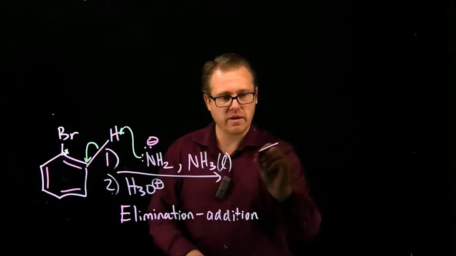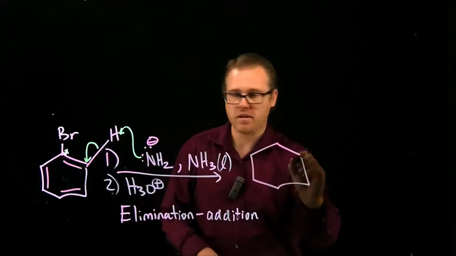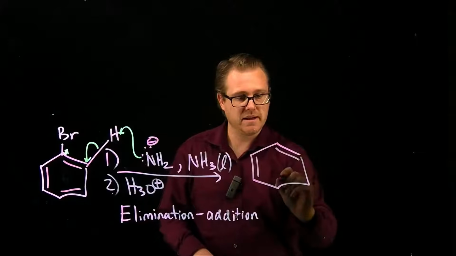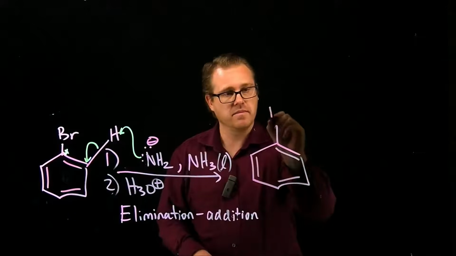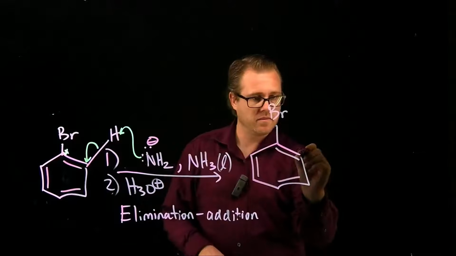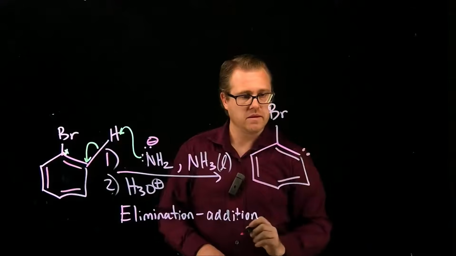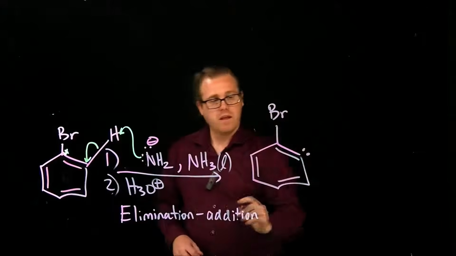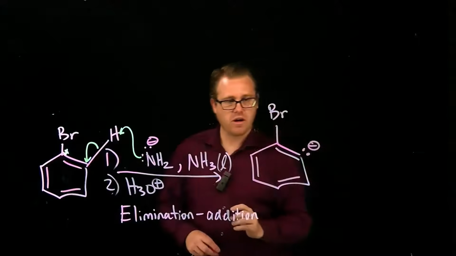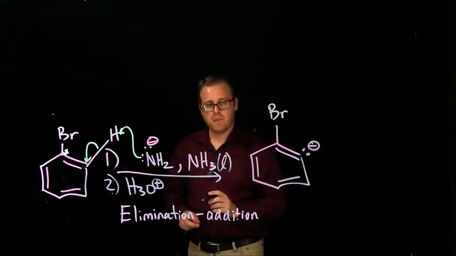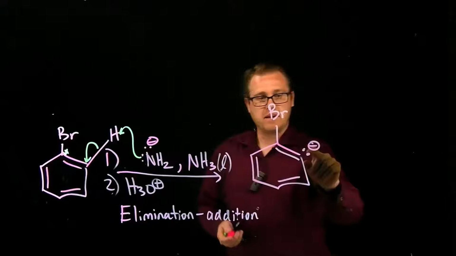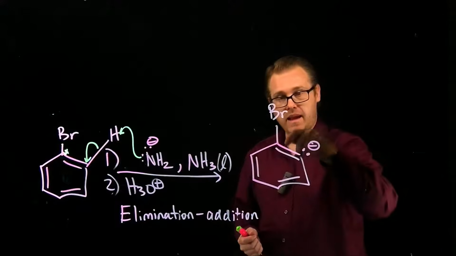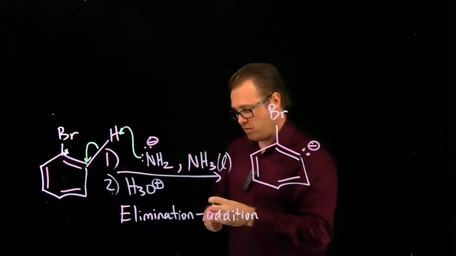So now what we're going to get is a species that looks like this. Like that. And it would be negatively charged. And then that lone pair right there is going to come in and kick off the bromine.